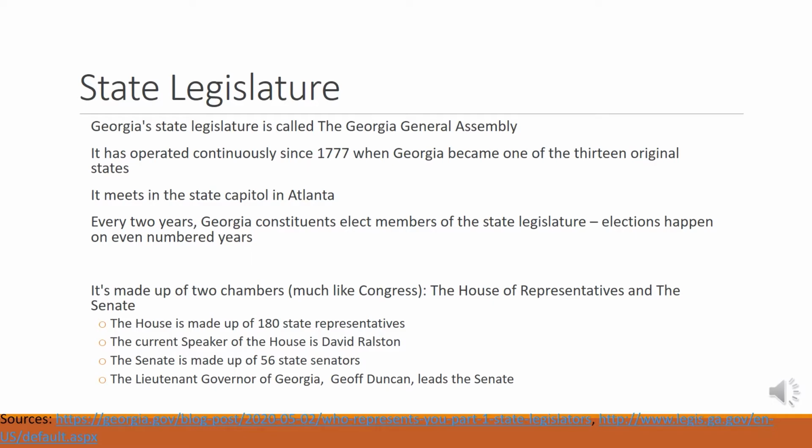It's made up of two chambers, much like Congress, the House of Representatives and the Senate. The House is made up of 180 state representatives. The current Speaker of the House is David Ralston. The Senate is made up of 56 state senators. The Lieutenant Governor of Georgia, Jeff Duncan, leads the Senate.